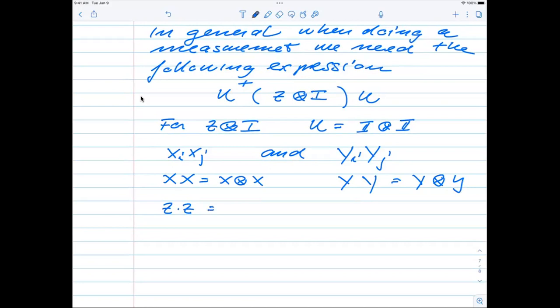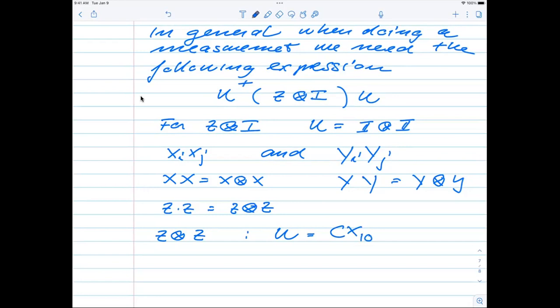So C times Z is actually something which corresponds to C tensor product with Z. When we now want to perform a measurement for C cross product C, then the operator which makes a transformation for us is going to be the so-called controlled knot 1-0 matrix. So CX is a controlled knot matrix.